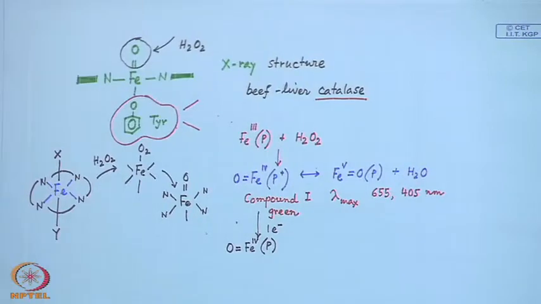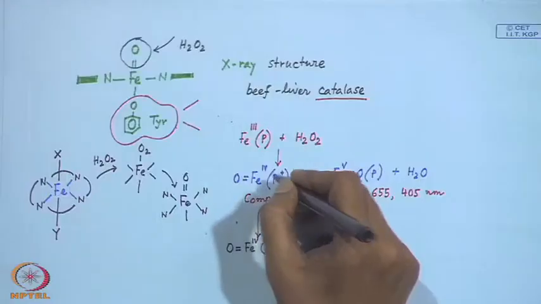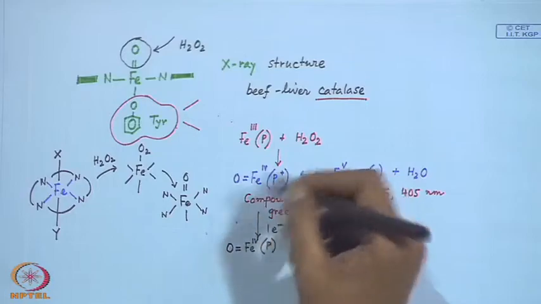So, in that case the 1 electron transfer is between these two: either it is on the porphyrin or it is from the iron side. But sometimes the covalence is so much that there is no such demarcation, that means the ligand character or the metal character is mixed. It is very difficult to identify where the electron is coming from for the oxidation and where the electron is going for the corresponding reduction reaction.